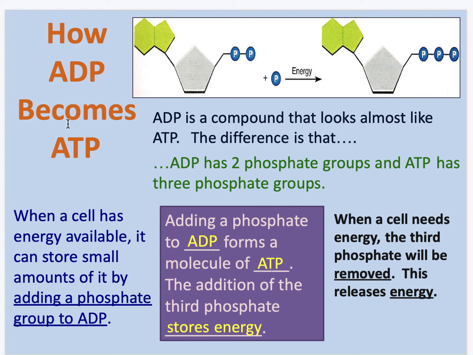How ADP becomes ATP: when you have energy available, it adds on that third phosphate group. ADP has the same initial adenine, the 5 carbon ribose sugar, and 2 phosphate groups. When there's enough energy to bond the third phosphate group back on, it goes from ADP to ATP.